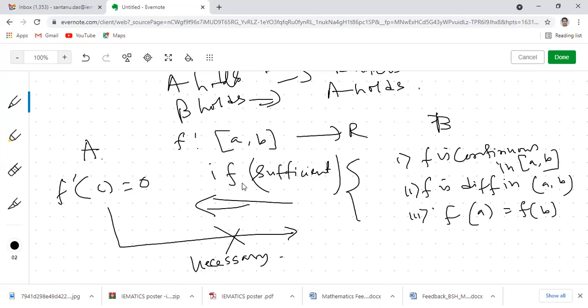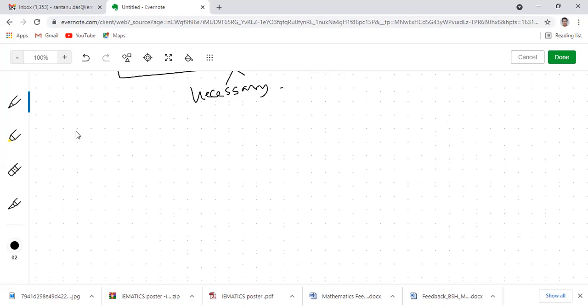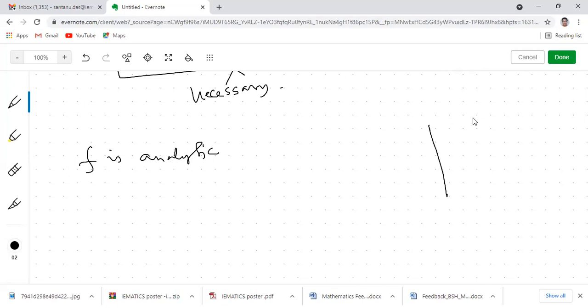Yes, sir. So similarly here also, we'll be studying what are the conditions for which the function f is analytic. So one condition is that f is analytic, and here there will be some other conditions.